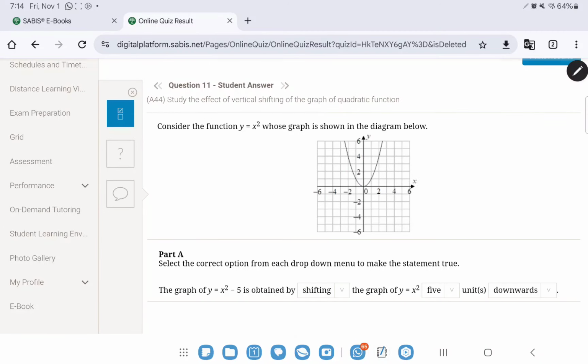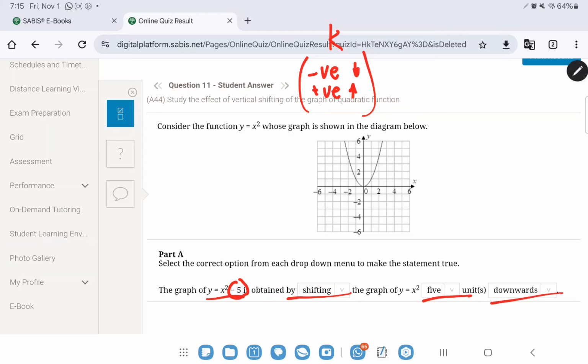Now move on. Exact same question, except here, you're changing K, not whatever is inside the brackets. Negative means down, positive means up for K. So you're still shifting, 5 down, because it's negative 5.